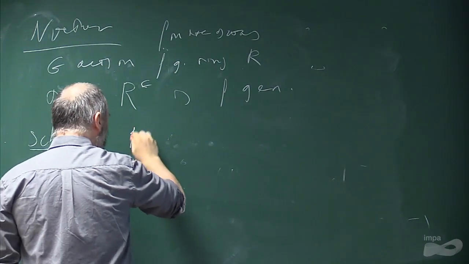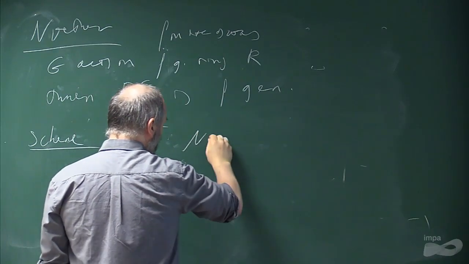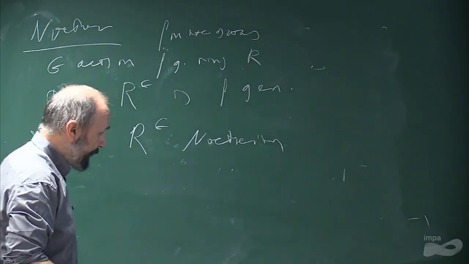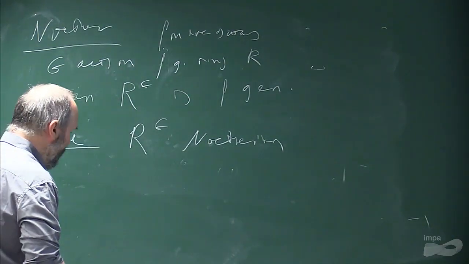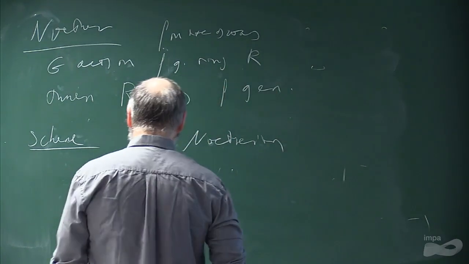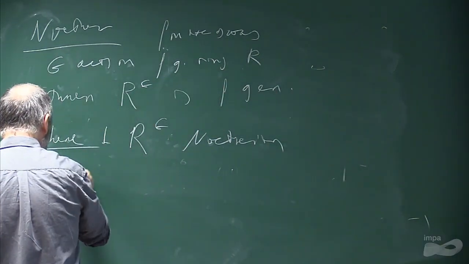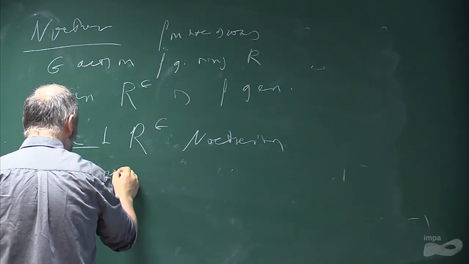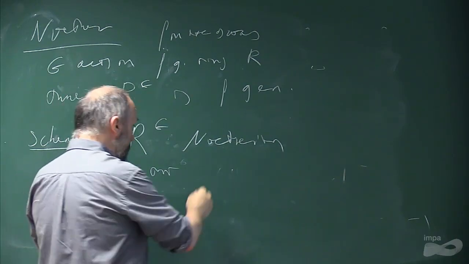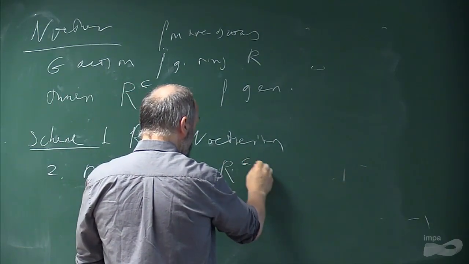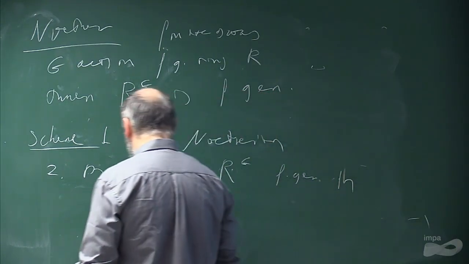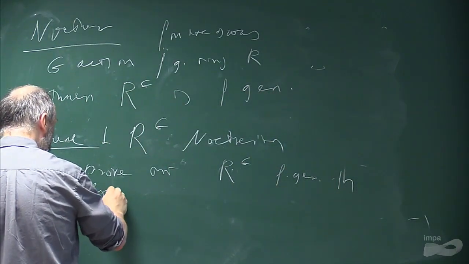We start by proving that R^G is Noetherian. This is already non-trivial, of course, but it's true in some generality. Then we prove, the second step, that R^G is finitely generated for R a polynomial ring.